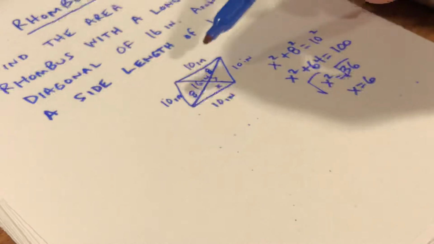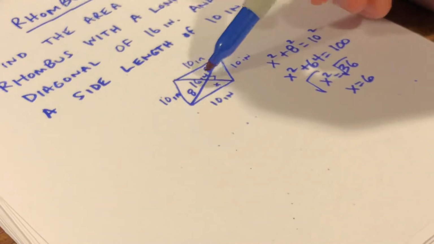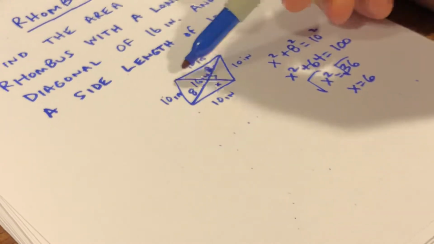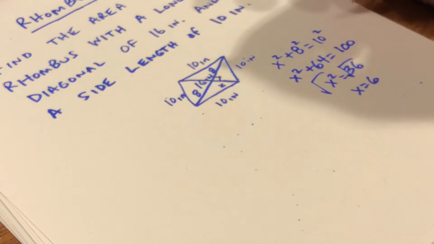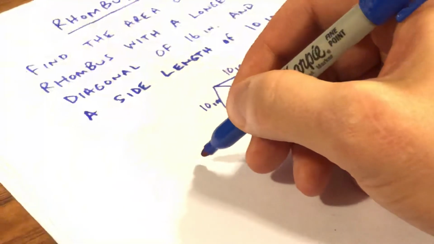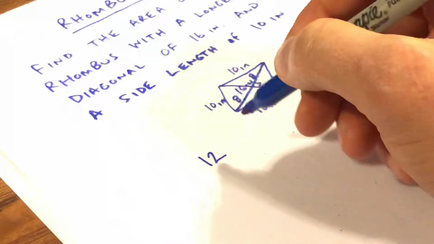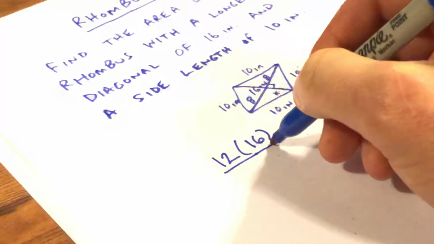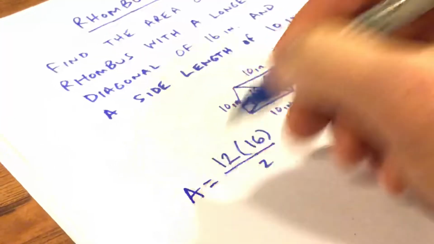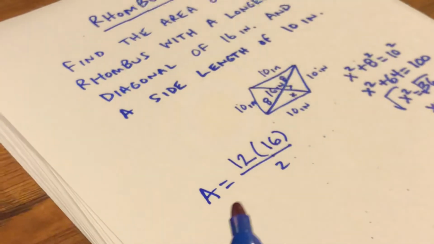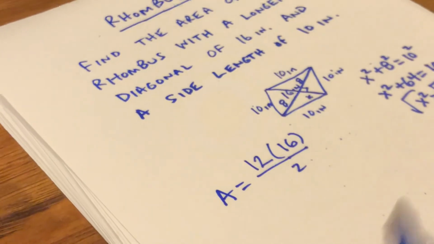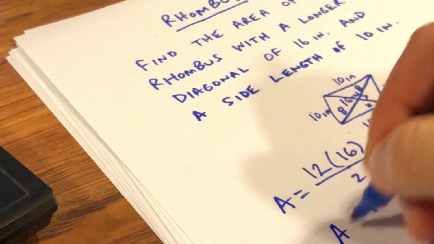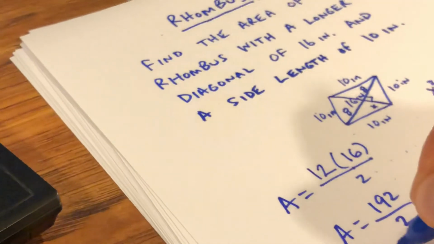So in my picture, if from here to here is 6, we know that this half of the diagonal also has to be 6. So that tells me my other diagonal has a length of 12. So if I go to my rhombus formula for area, 12 times the other diagonal, which is 16, and I divide that by 2, that's going to be my area of my rhombus. 12 times 16 gives me 192, and so my area is 192 divided by 2.